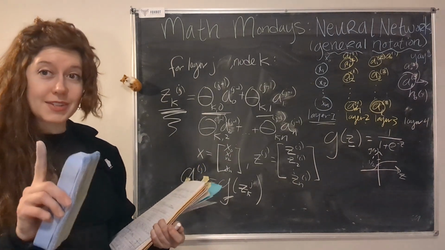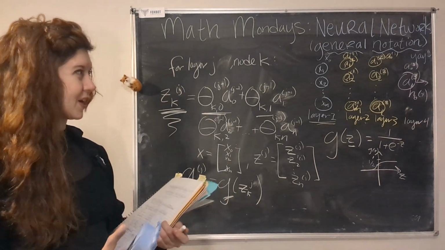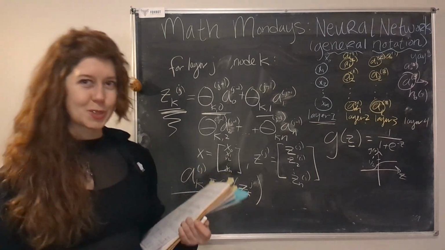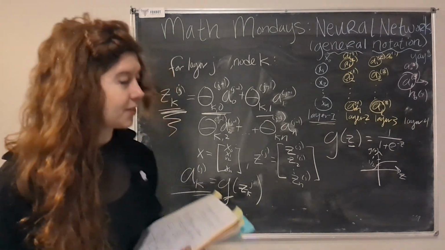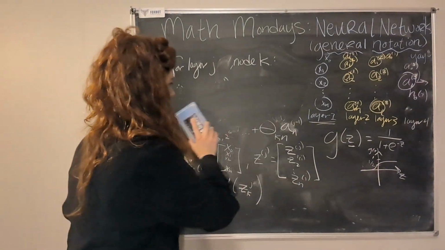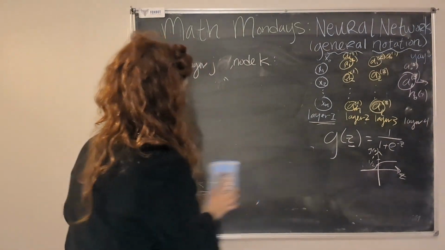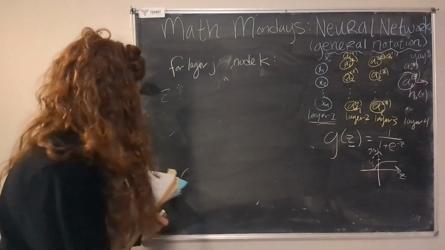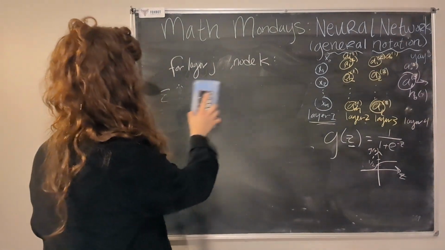The one last thing, bear with me, we're almost done. The one last thing is our special output layer, the last layer. And that one is actually way simpler because it's just one output node.